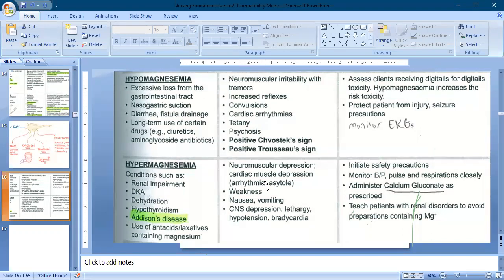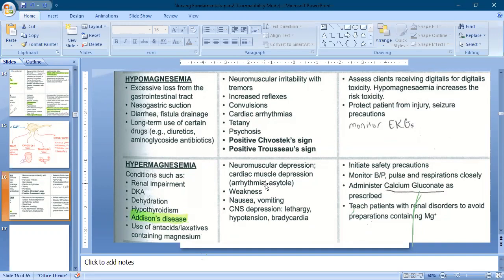So for the intervention, how we take care of them: initiate safety precautions, monitor the blood pressure, monitor the pulse and respirations closely, and administer calcium gluconate.